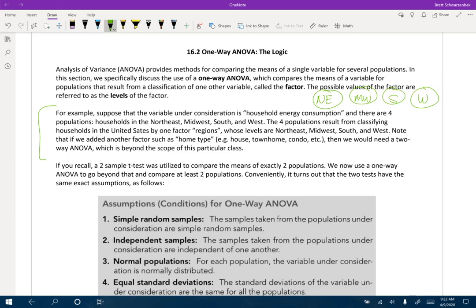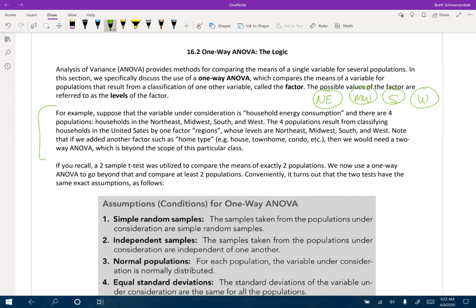So basically, the factor is region. It kind of makes sense in terms of what we're going to be working with. And that means that our factor has been broken down into 4 levels. The levels are Northeast, Midwest, South, and West. Just so that we're using the terminology the way it's meant to be.